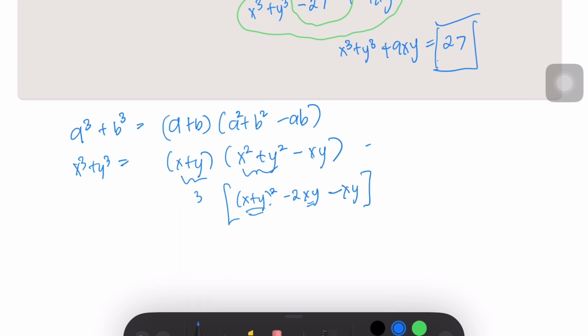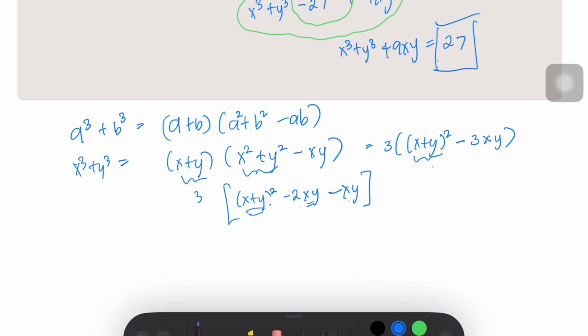Therefore, x cubed plus y cubed in this context will be 3 times x plus y squared minus, we have a negative 2xy here and a negative xy here. So we have negative 3xy.